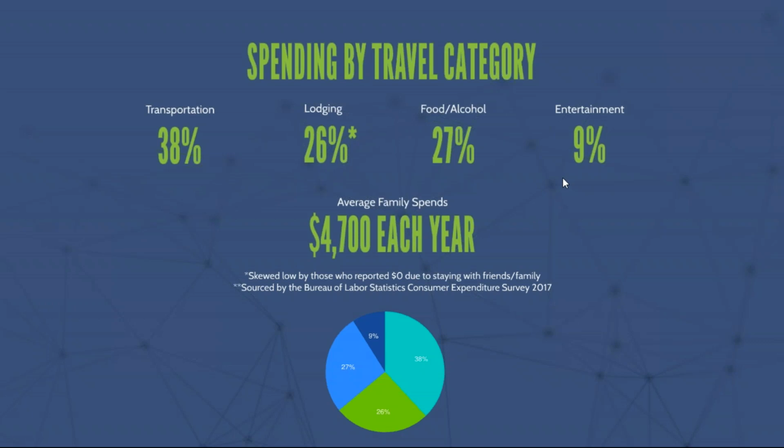We know the people staying with friends and family is not our target market. Those that are staying in paid accommodations is our target market. So in our target market, that 26% number is probably actually higher. We know it's higher. We can't get to a real number, but that's what we're looking at.